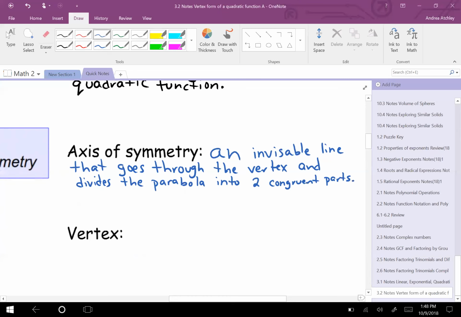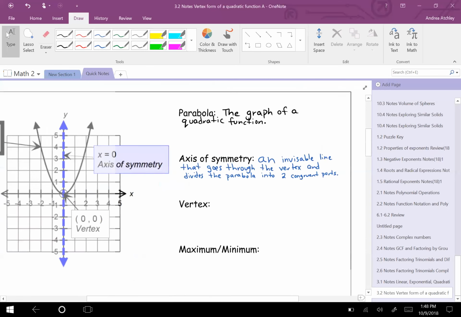If I folded the parabola along the axis of symmetry, it'd be the same on both sides.